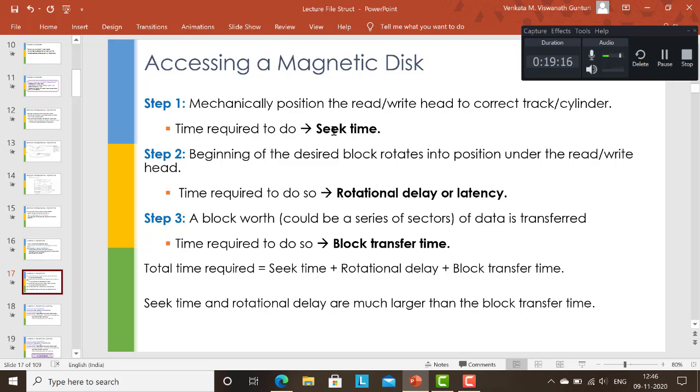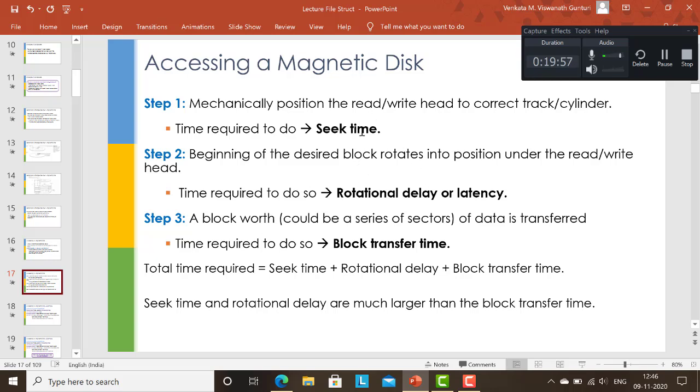Let's say it was originally at cylinder 0 and it had to go to cylinder maybe 10,000, it will take more time. That's okay. Similarly, with this rotational latency, suppose it was very close to the sector that it had to read, it will take less time. If it had to rotate more, it will take more time, right? But those things, we take with a pinch of salt. Despite all of these things, the scientists and the research work in this area declared that seek time takes the maximum amount of time, right?